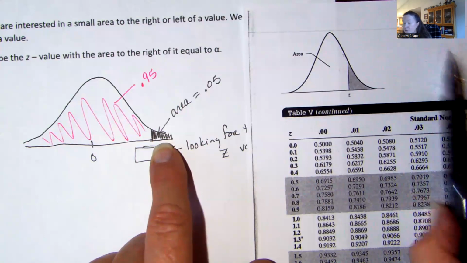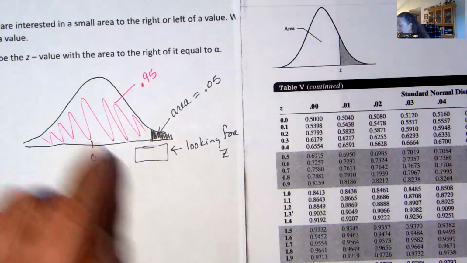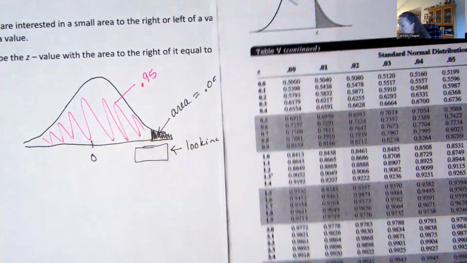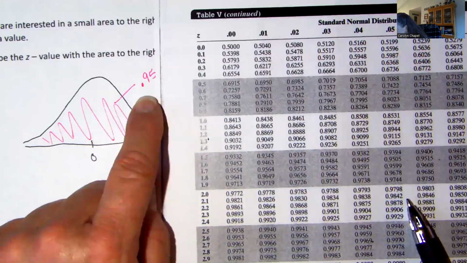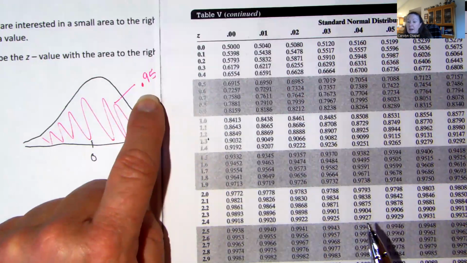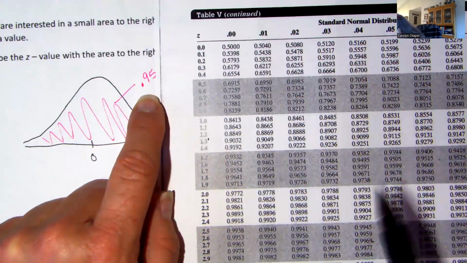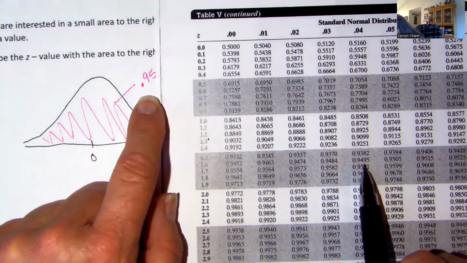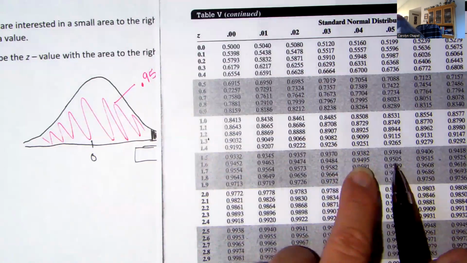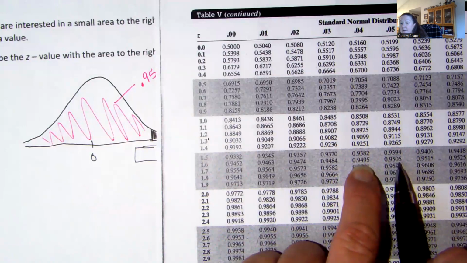So what I'm going to do is I need to look in my areas, so areas in here, for 0.95. And I want to get as close as I possibly can. So here's a 0.94. Here's a 0.95. I'm getting close. Here's a 0.9505.